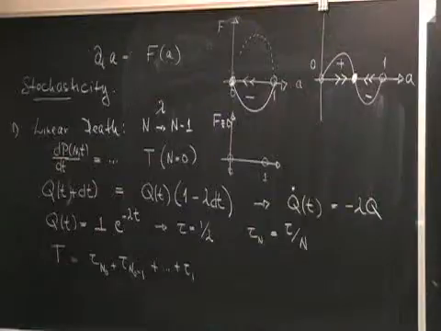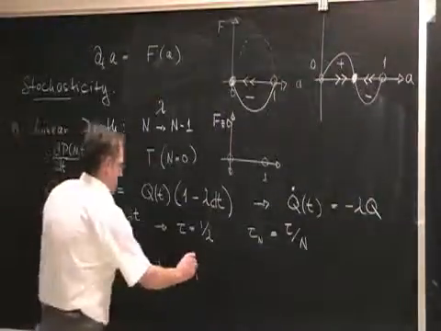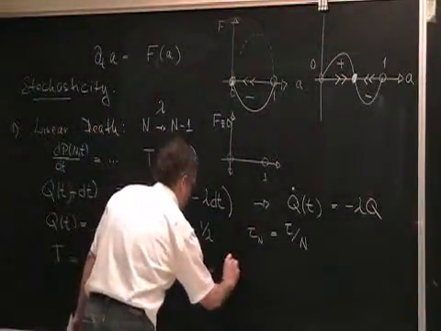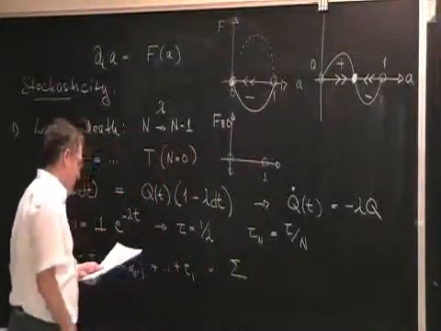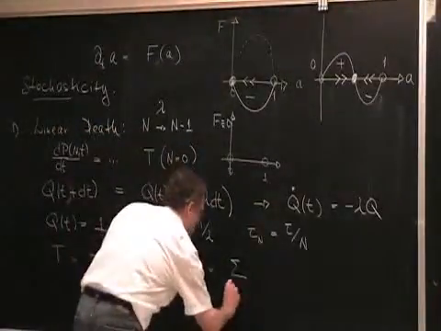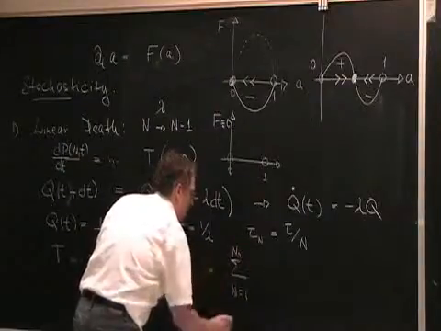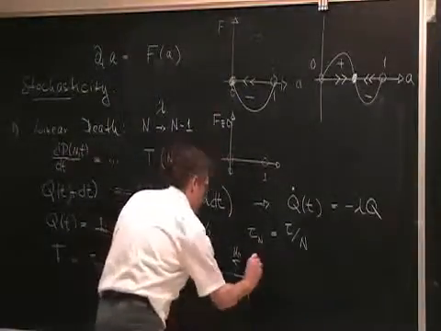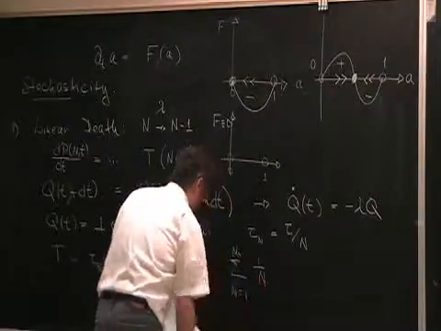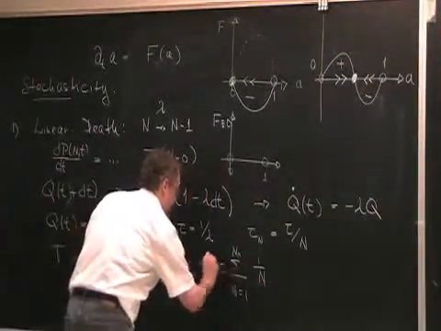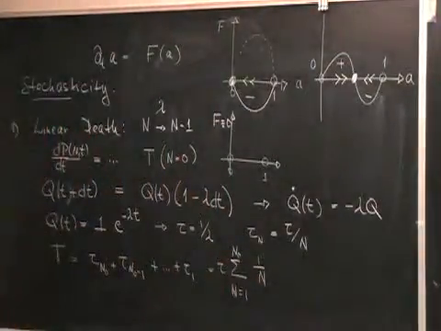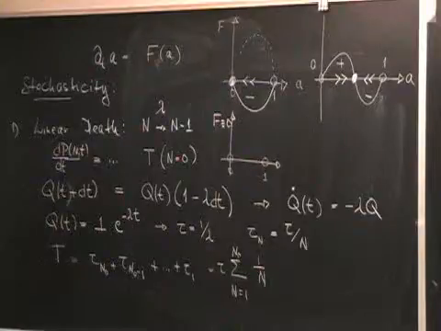And that's the time it needs to get extinct. I can write this as a sum from n equal 1 to n naught of 1 over n multiplied by my basic rate constant time scale, or 1 over lambda.